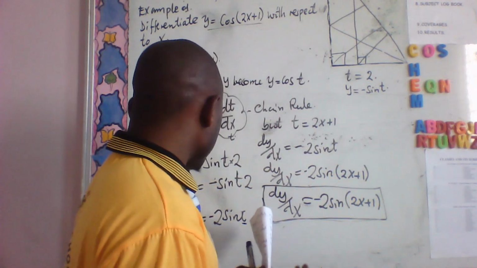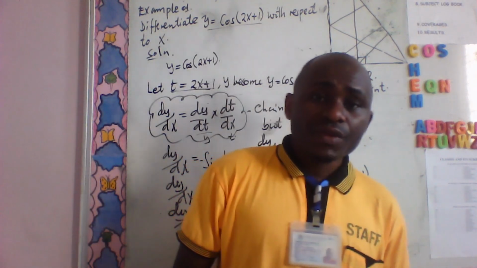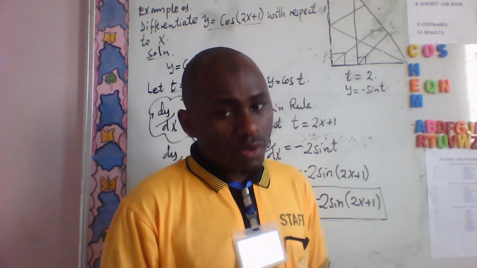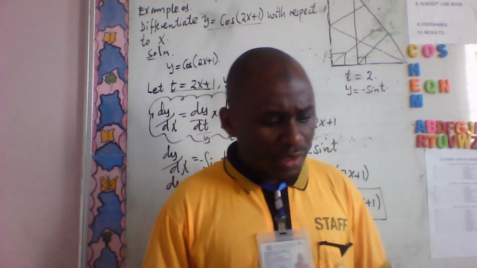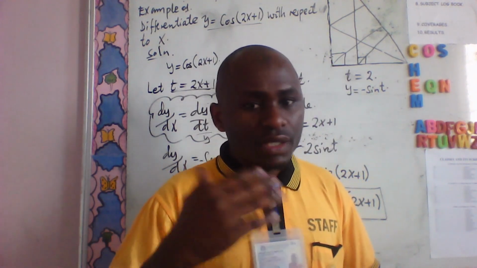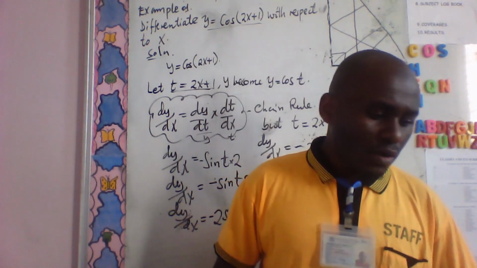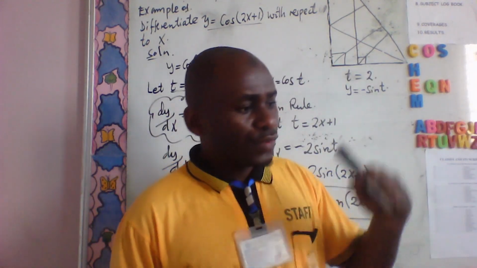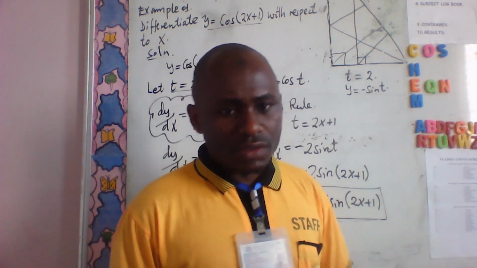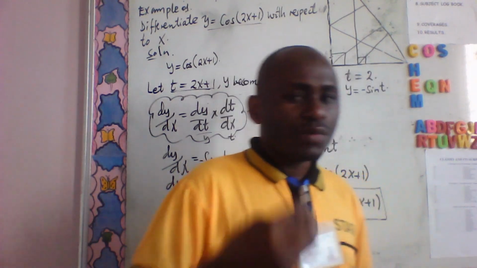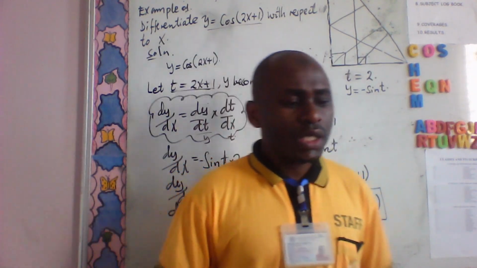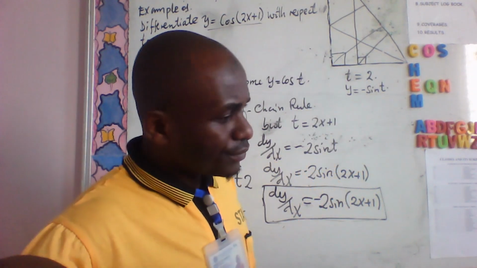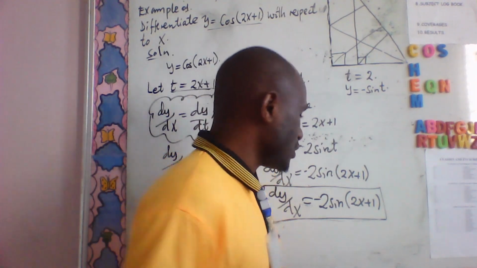So that was example number 1. Let us proceed with example number 2 in order to give more emphasis on how to deal with it, and to see for yourself how easy it becomes to differentiate using the chain rule in calculus.